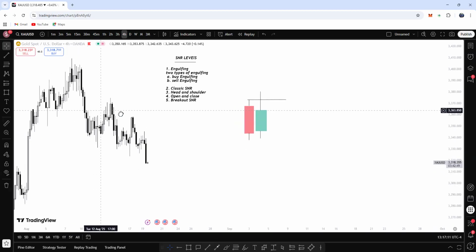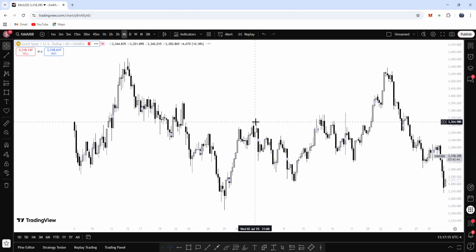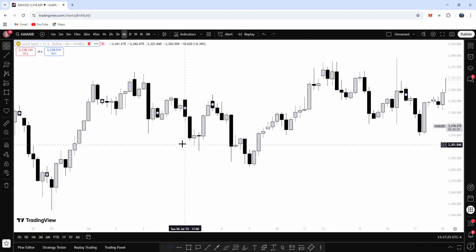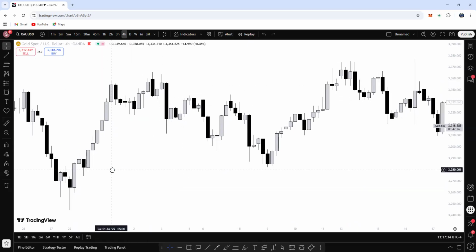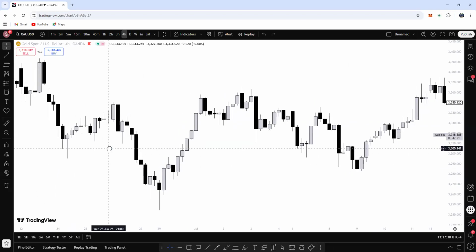So let's check some chart examples. First, let's check for complete engulfing. I can see one, but I don't want to use it. Okay, this is one here.